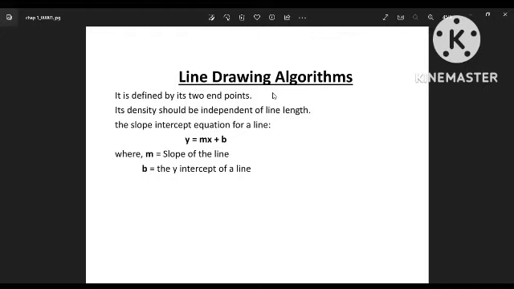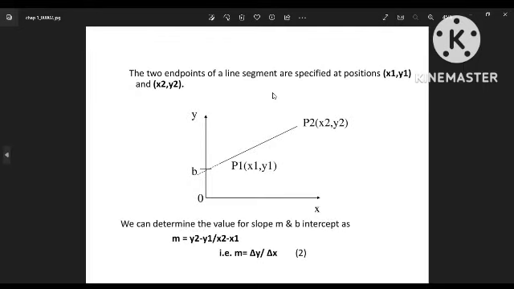Here m represents the line slope, and b is the intercept of the line. It may also be written as y equals mx plus a, where a indicates the point where the line intersects the y axis. So b is the y intercept point.